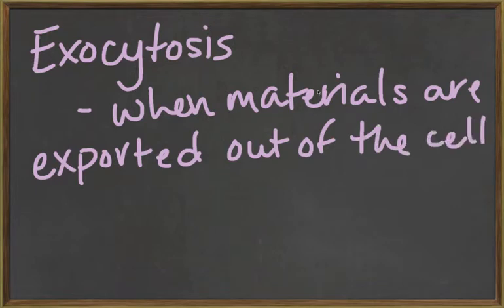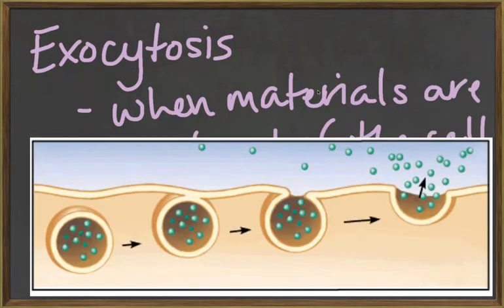And it works in the exact opposite way. I start with my cell, and I've got a vesicle on the inside that's got something in it. It's a vesicle from, say, the Golgi apparatus that has newly folded and ready to go proteins.